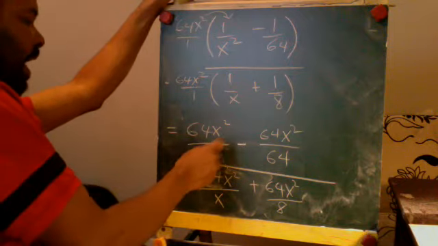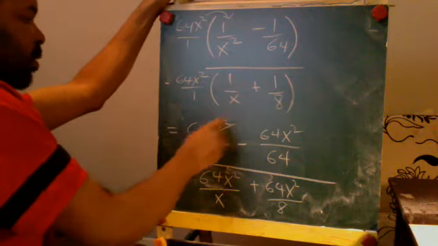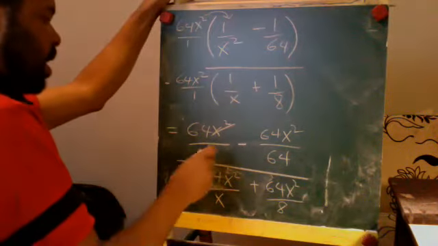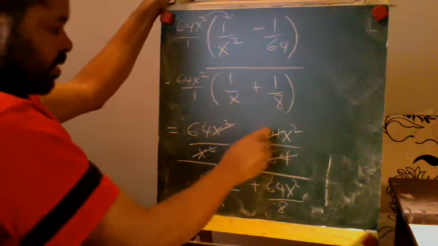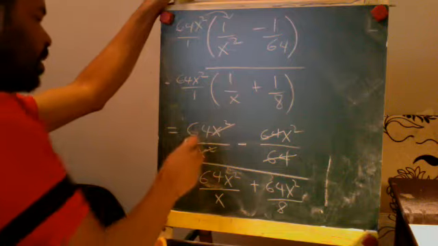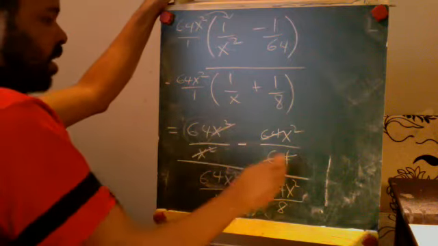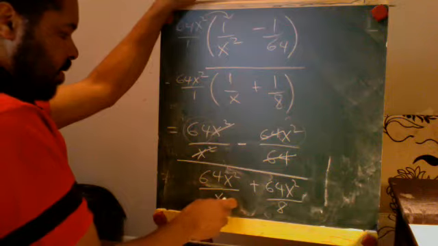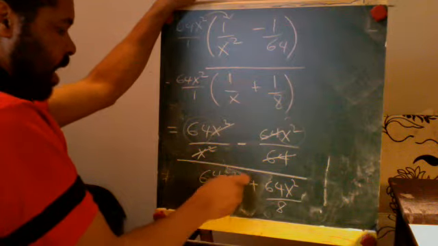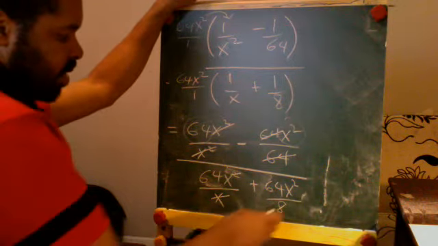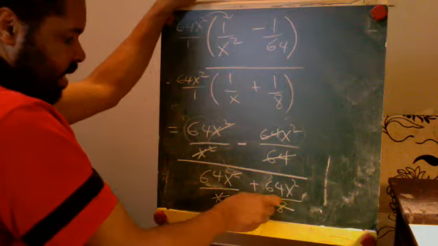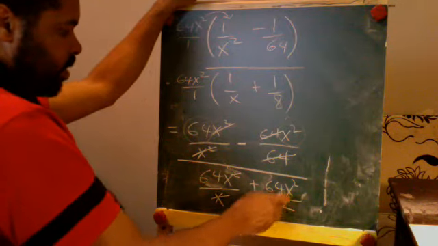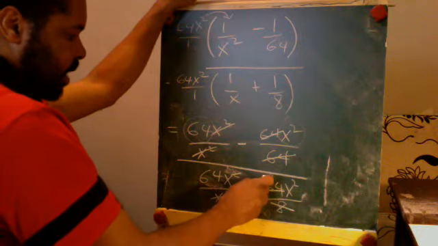So x squared into x squared cancels itself. 64 into 64 cancels itself. So what I have left here is 64, and I have an x squared. Now, same thing here. I have x into x squared leaves me with an x. 8 into 64 leaves me with just 8.